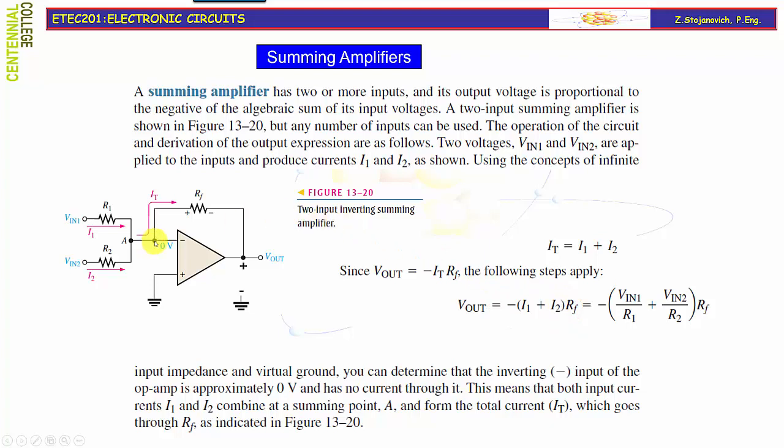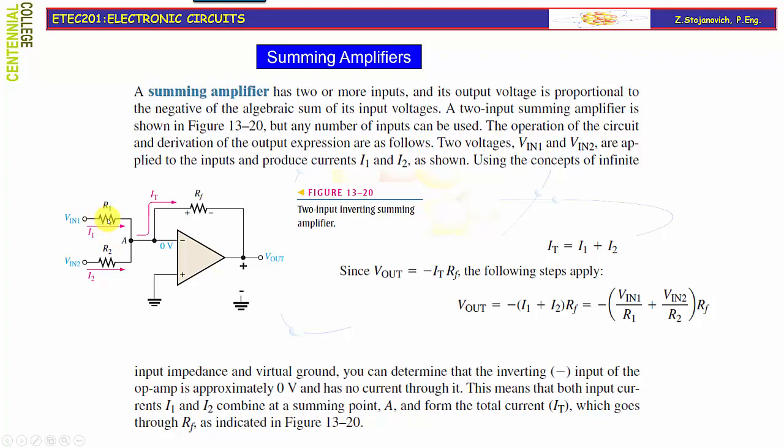Using the fact that the inverting terminal is at 0 point, virtual ground, it appears that the VIN input voltage, which is the voltage between this input point and the common, is actually the voltage drop across R1. We can use Ohm's law to find the current that flows through this resistor.